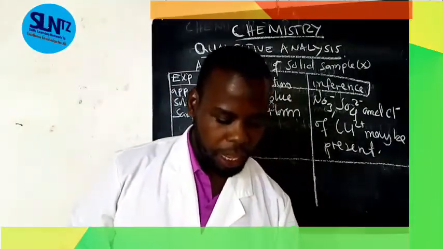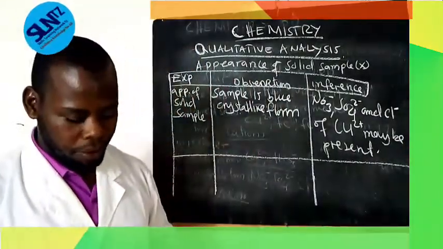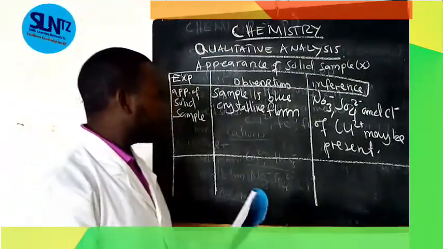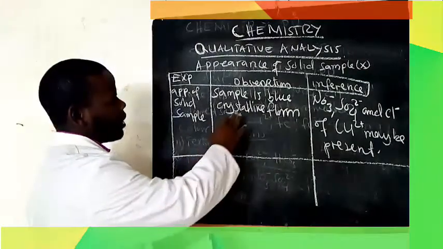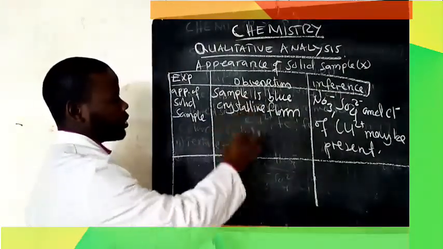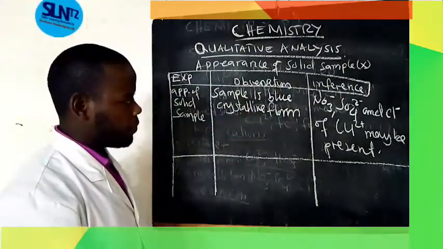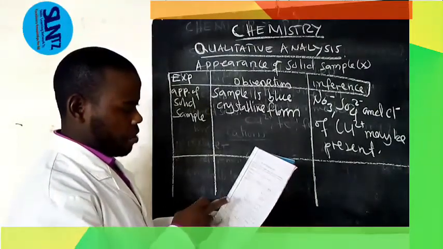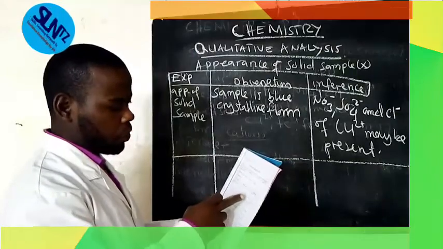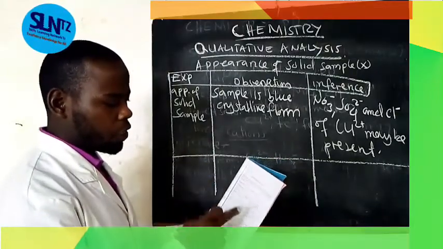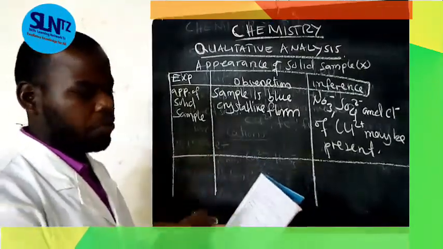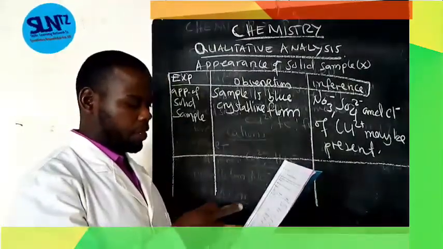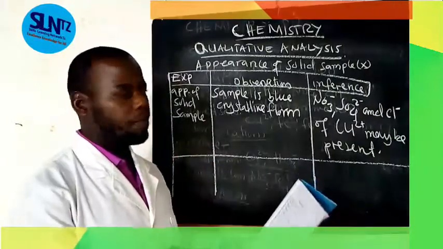Let's say I show another example. Let's say my sample is white. So I write here, sample is white crystalline form. And for the white, I will consider ammonium, sodium, calcium, zinc, and lead may be present. But for crystalline form, there is nitrate, sulfate, and chloride.